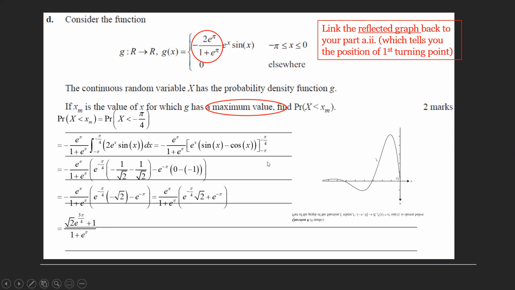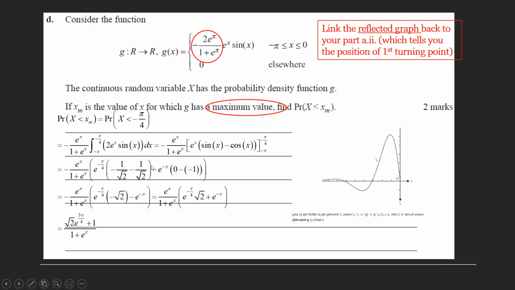If you are unsure, draw a unit circle or some triangles to determine the quotients and positive or negatives. Minus π. Sine minus π is 0, cos minus π is minus 1, but notice the minus here, put a bracket. You can see in my working, I regularly use brackets. Don't be afraid to use brackets. It will help you reduce the potential to make errors.